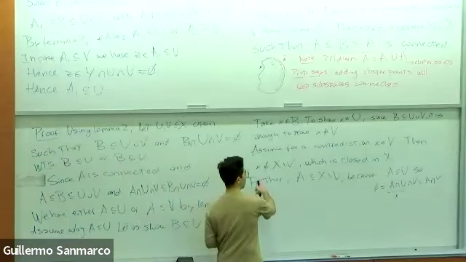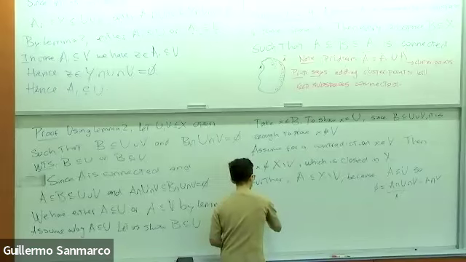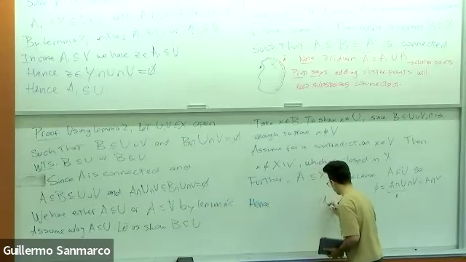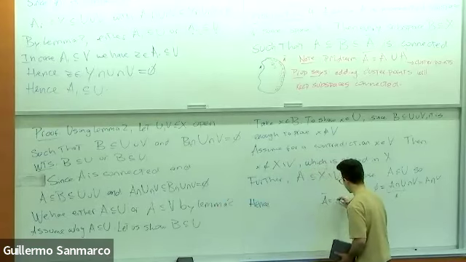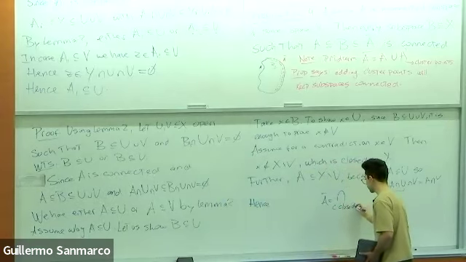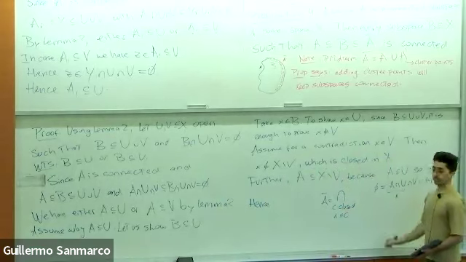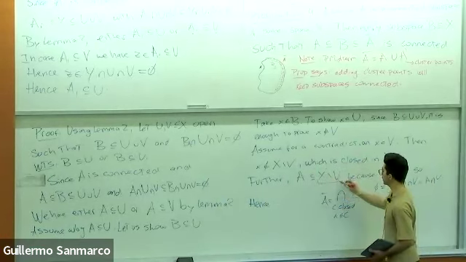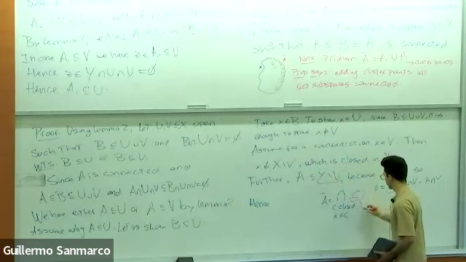But what's going on here? Hence, when you take the closure of A, which is by definition all closed sets in X which contain A, so X minus B is one of these guys.